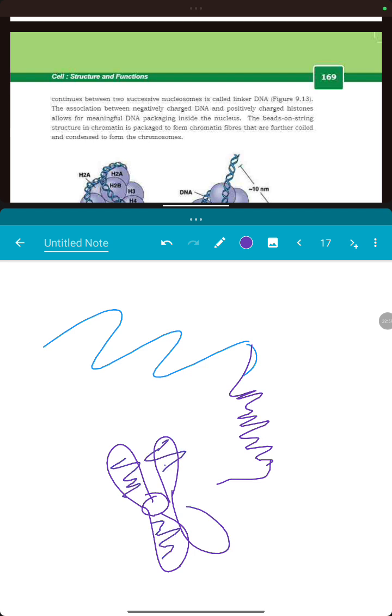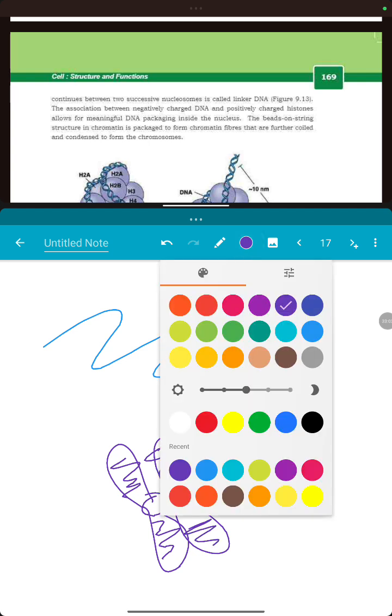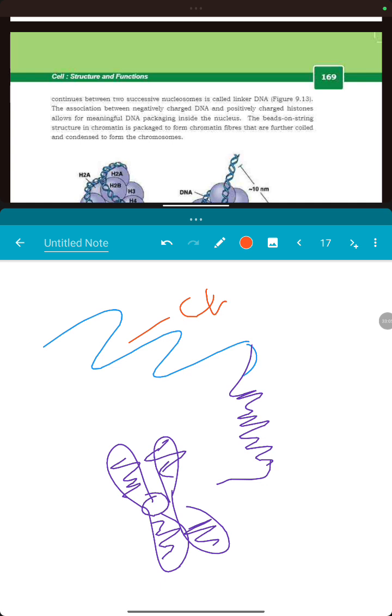At the start we call it chromatin. Some more tightly packed we call chromatin fiber, and more densely packed we call a chromosome.